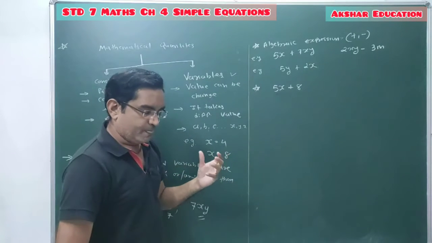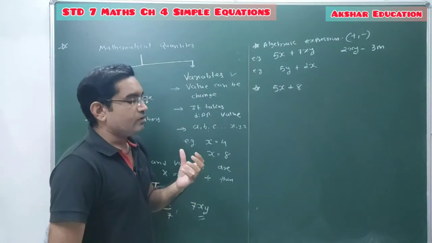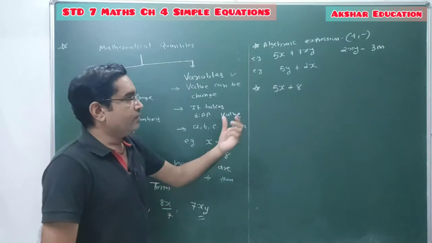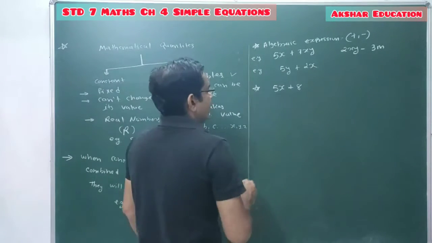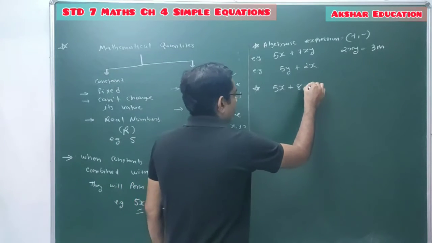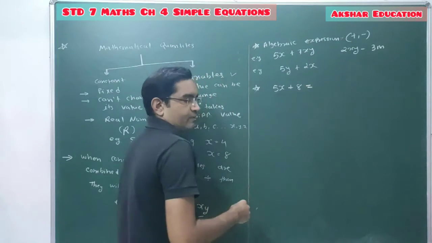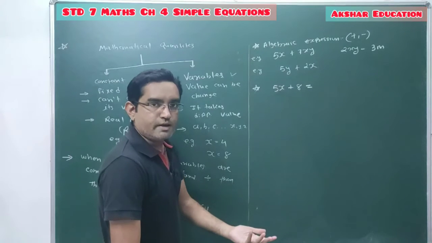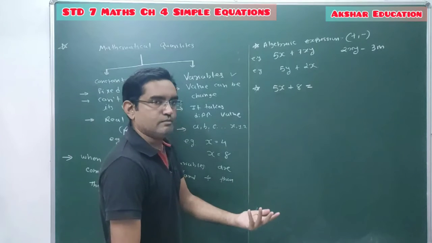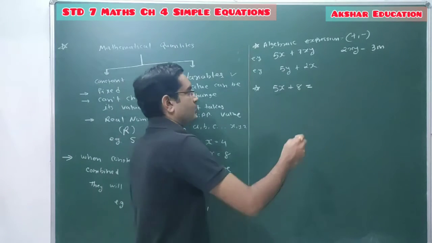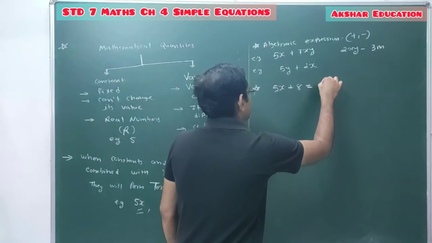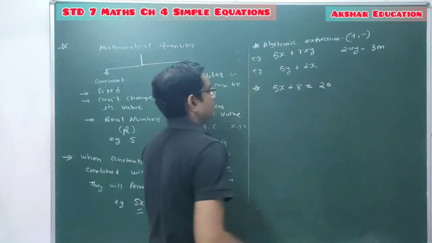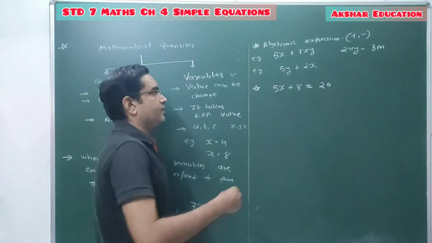Done? So now how can we obtain a simple equation from a simple algebraic expression? If we equate this algebraic expression with some other algebraic expression or with any term, we get an equation. Suppose I take 28.